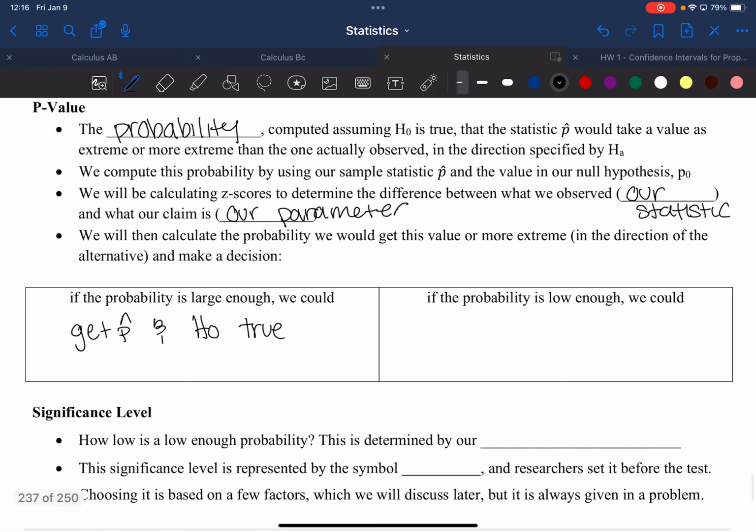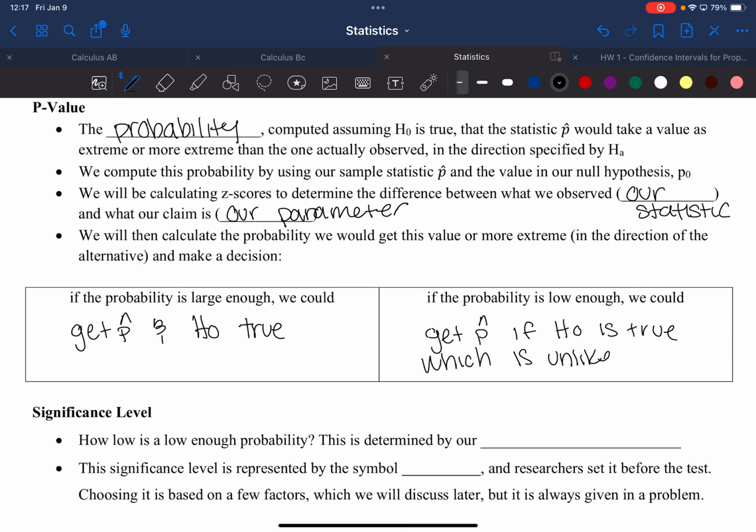So that means we would get the p hat if H naught is true, which is unlikely, so H naught is incorrect.